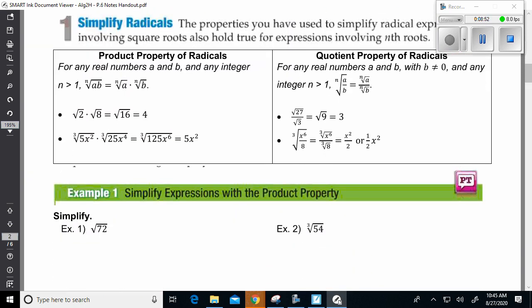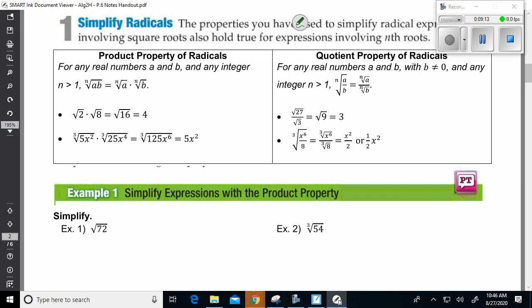So, there will be times when either A, the number is not a perfect square, or B, the exponents will not divide evenly. To handle both of those cases, we introduce 2 other properties to help us simplify.